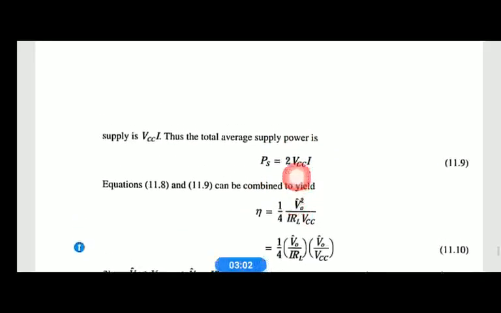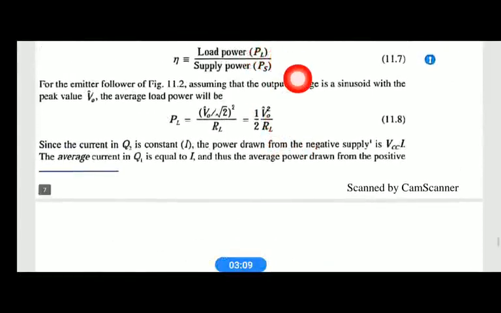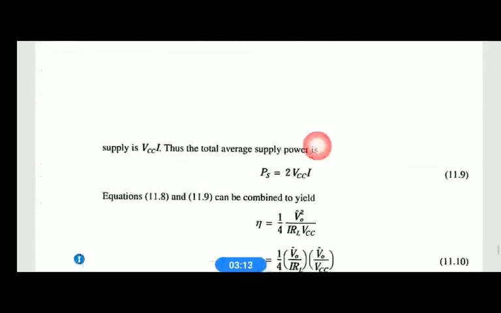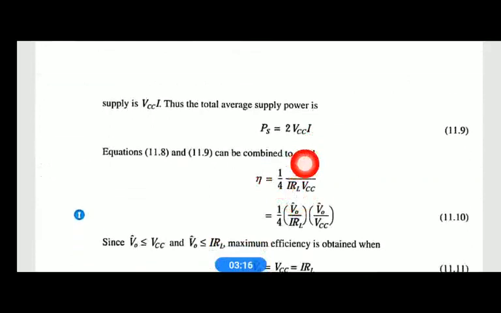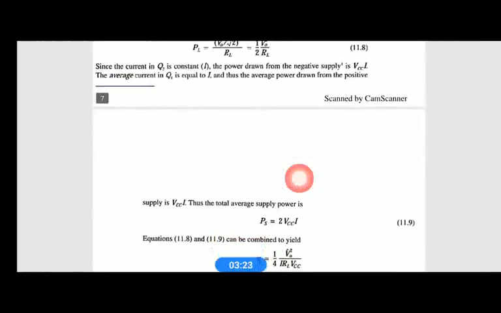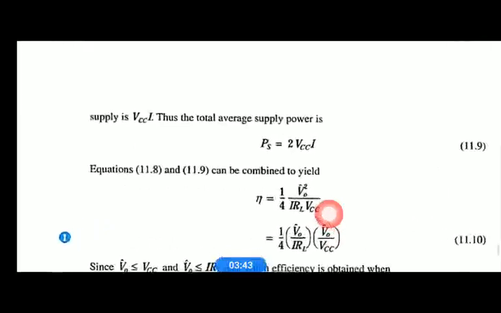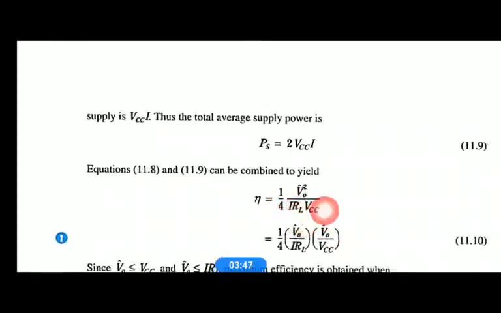When you equate this, the value of PL, which is half of V square by RL, goes in the numerator, and in the denominator you have 2 VCC I. So PL is V0 square divided by 2 RL, divided by 2 VCC I, which gives eta equal to V square by 4 into I into RL by VCC.